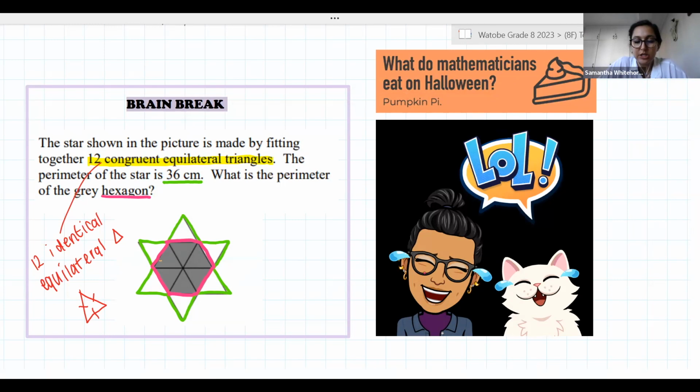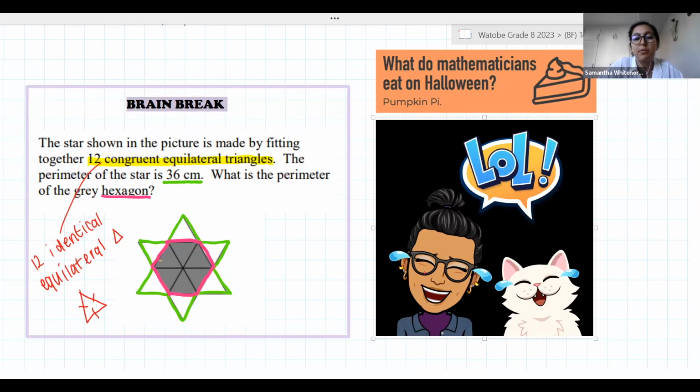Pop some answers in the chat if and when you have, and let's see what we get. Remember, 36 is the perimeter in green.